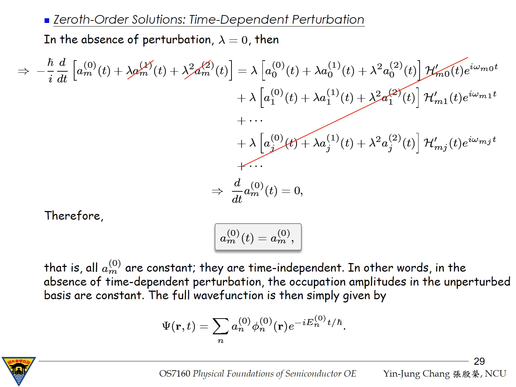However, we noticed that a strictly time-independent probability density requires that the system is either in a single unperturbed stationary state or in a special superposition of stationary states. In general, constant coefficients or occupation amplitudes alone do not guarantee a stationary probability density for every superposition. This is the essential content of the zeroth order result. So from here onward, the zeroth order amplitudes serve as the known inputs to the first order equations.